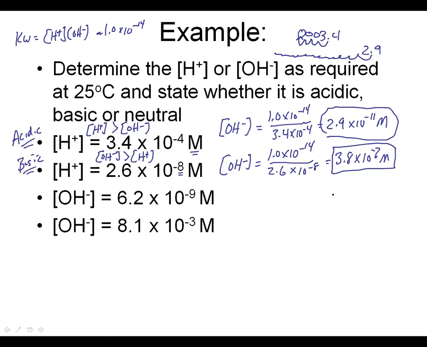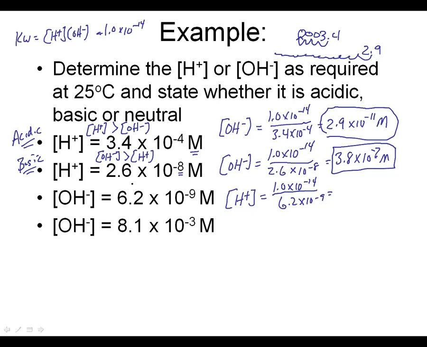Continuing down, same calculation, even though we're given the OH minus, H plus is going to be 1 times 10 to the minus 14 divided by the one they gave us, which is 6.2 times 10 to the minus 9. And we put that in again using our exponent button, we get 1.6 to the minus 6.